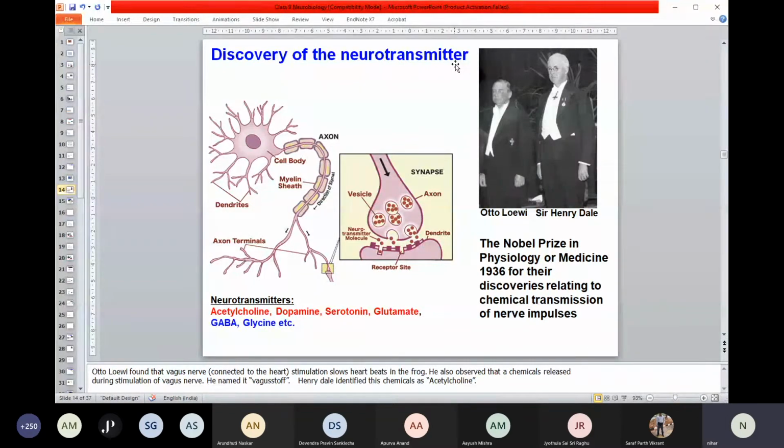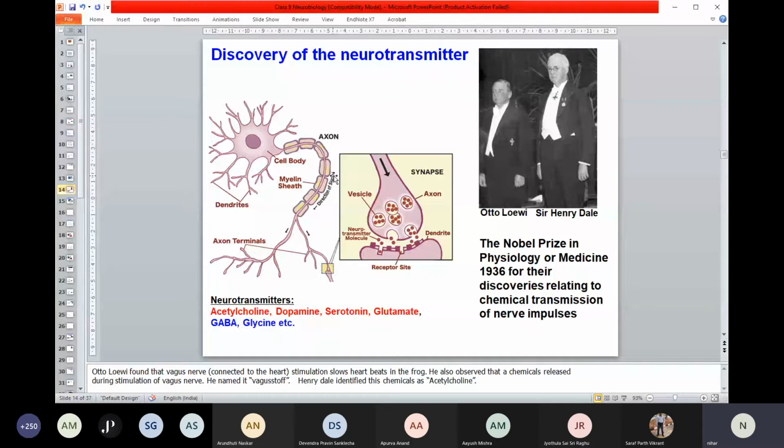So you can look at what kind of experiment he did. At the end, their continuous work led to the discovery of a chemical substance that acts as a neurotransmitter, a chemical molecule that works in this gap and thereby can transfer the information from one neuron to another neuron.